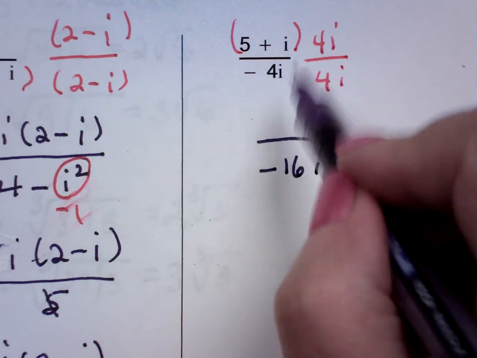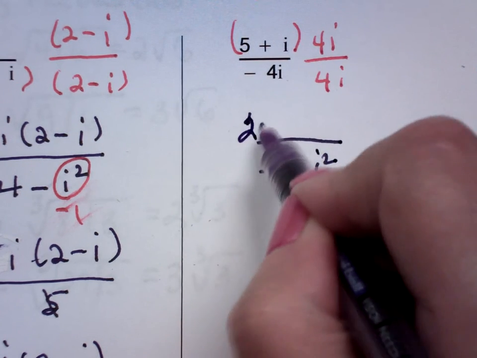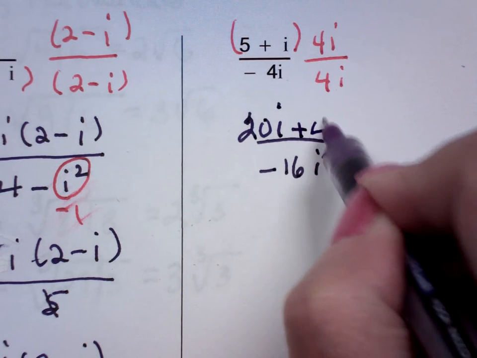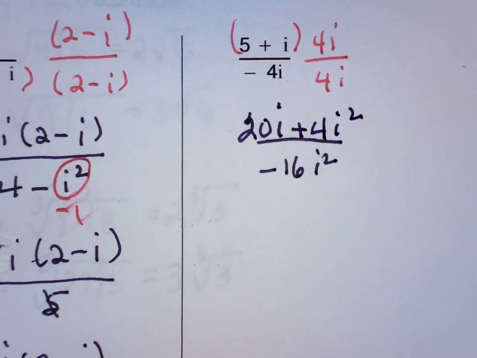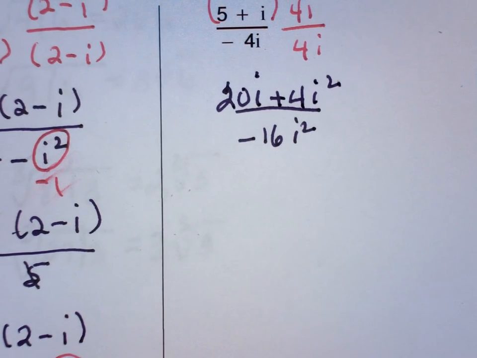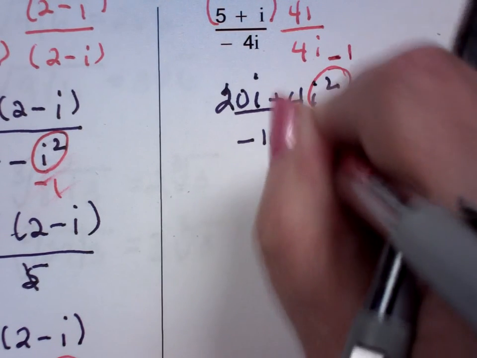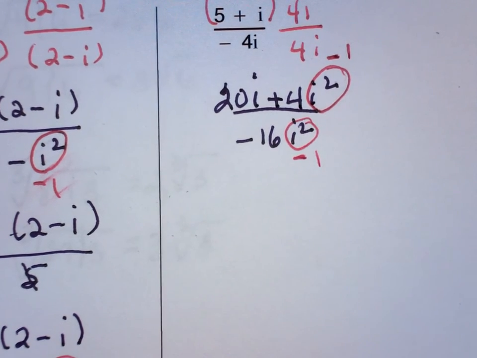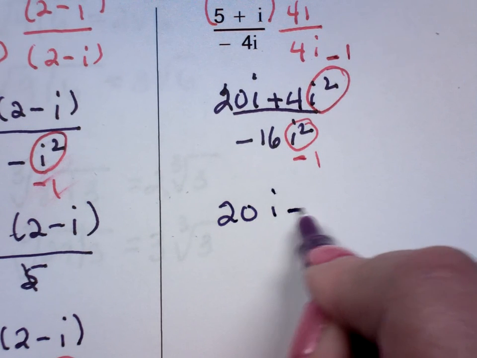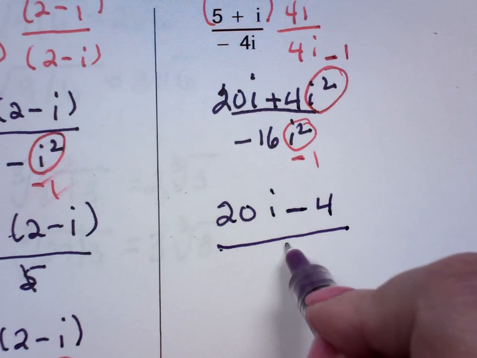The numerator is going to be, I'm going to multiply through by the 4, so that's going to be 20i plus 4i squared. But we know that i squared is negative 1. So this is 20i minus 4 all over positive 16.